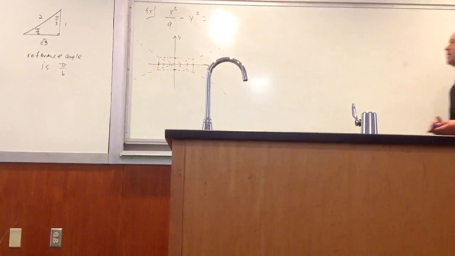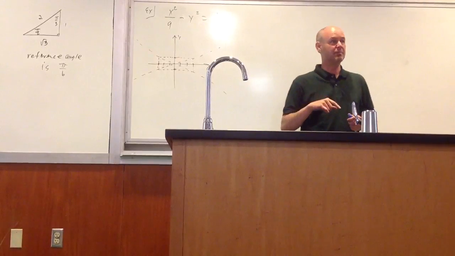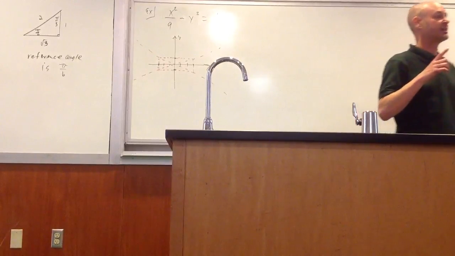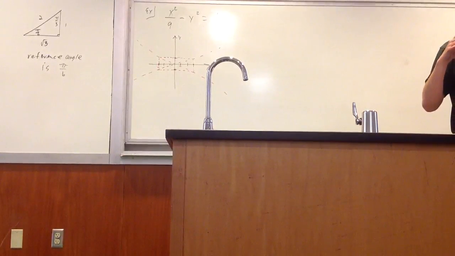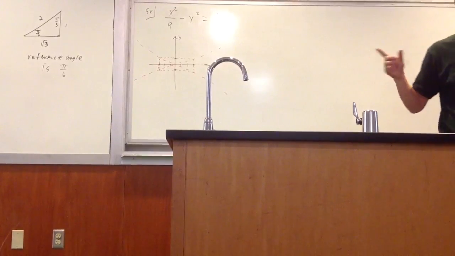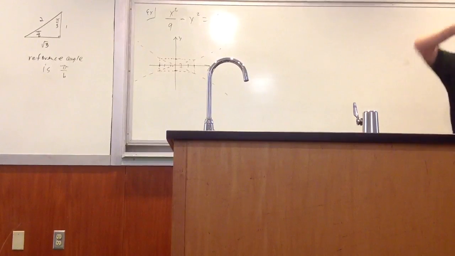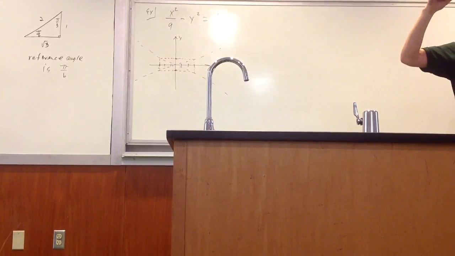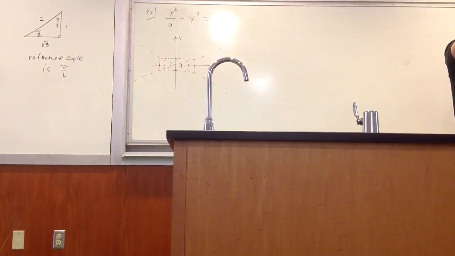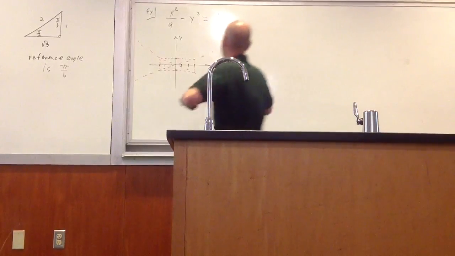Now, unlike an ellipse, the major axis always tells us where the foci are. In this case, it's always what I call on the inside of the hyperbola. If it's left and right, it's going to be inside. If it's up and down, it's going to be inside. In this case, we're going sideways.